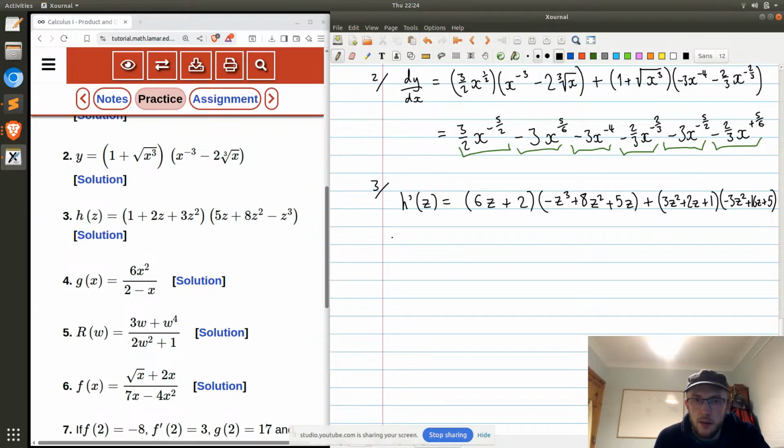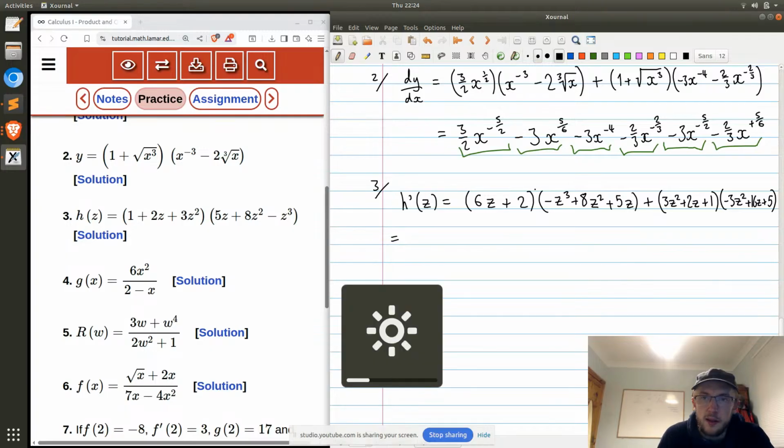Then let us use our polynomial multiplication skills and actually work this out. It's really not so bad. It's just 6 products and then 9 products and then add them together and just be careful. That's all you have to remember, really. So everything there times by 6z.